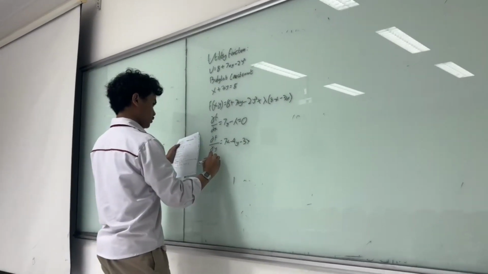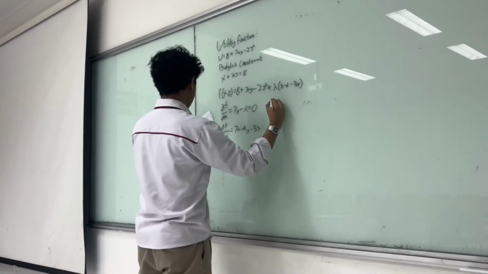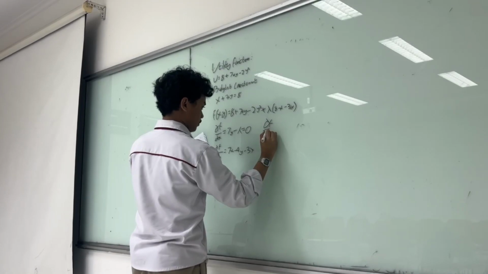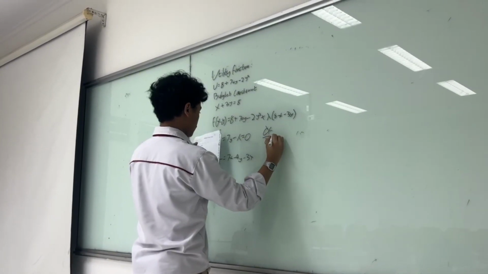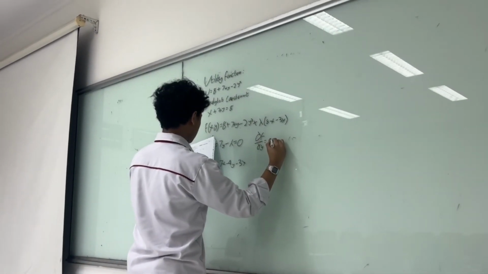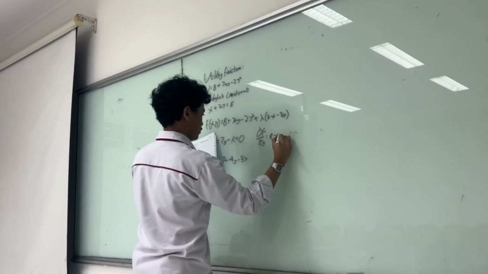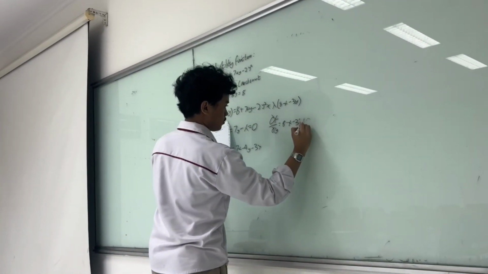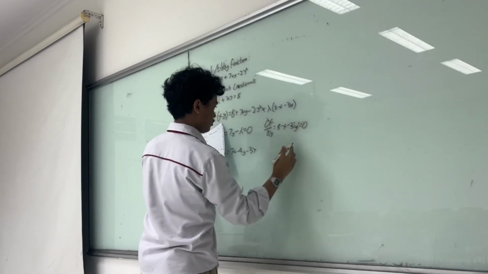And the third one, dou F over dou lambda equals 8 minus x minus 3y equals 0.